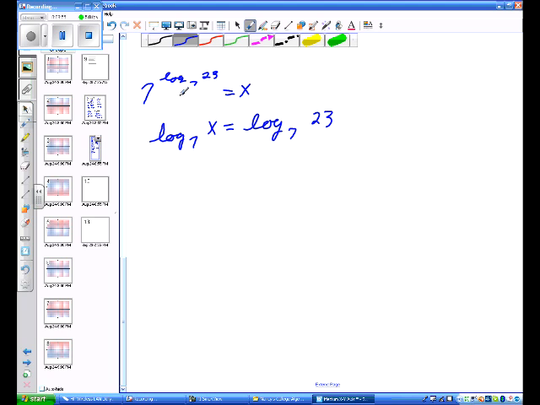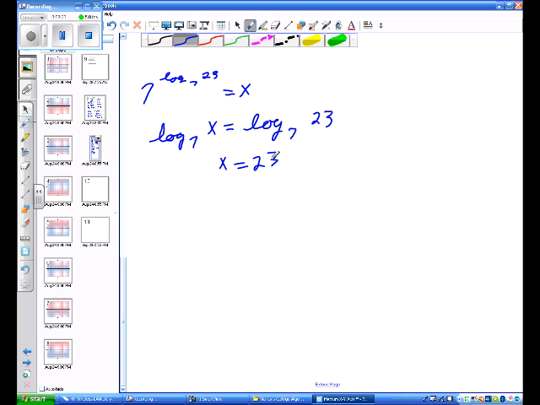It was written in exponential form. We wanted to write it back in logarithmic form. So log base 7 of x is equal to whatever our exponent was. And so we can see here then that x had to be 23. So you should be able then to evaluate logarithms or exponential functions.